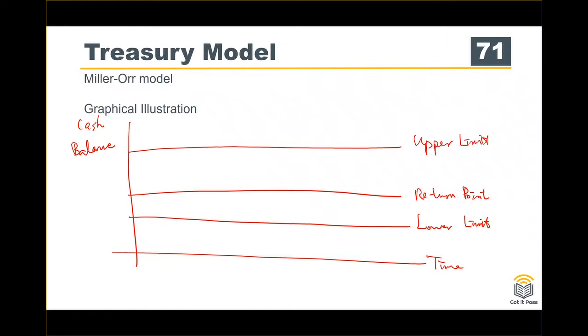So all this happens, given the starting point here is at the return point, the cash balance.